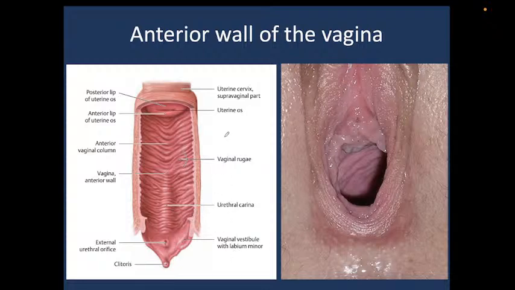For the first time, the point G is mentioned in the works of Dr. Grafenberg in the 60s, and he described an unusual, from his point of view, phenomenon, the release of fluid from the urethra in some women during orgasm, when stimulated precisely at the anterior wall of the vagina, by this point, and he believed that it is a special point helping women to get orgasm.